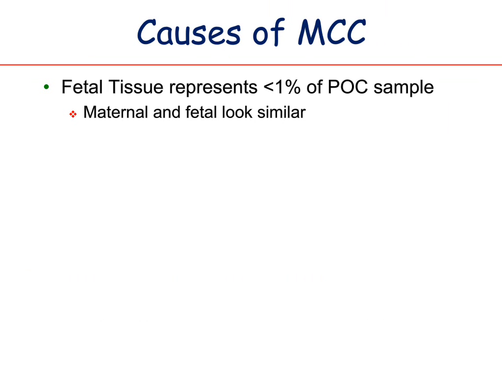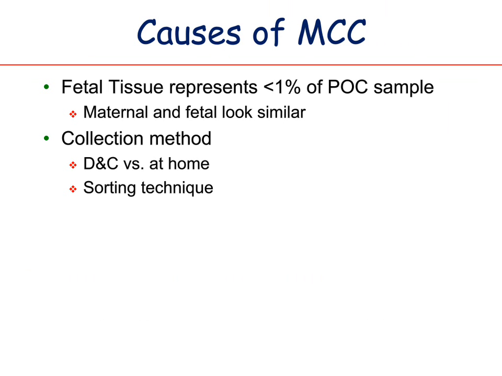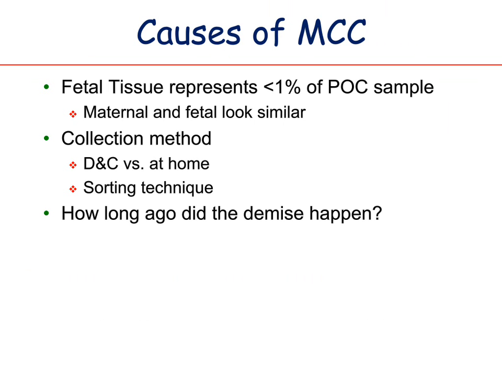Depending on the collection method, if there's a D&C done under medical supervision versus a miscarriage at home and just a home collection, you're going to get much higher incidences of maternal cell contamination. And again, it depends on your sorting technique. Depending on how long ago the demise occurred, you could get necrotic tissue and less viable tissue, which does affect culturing.